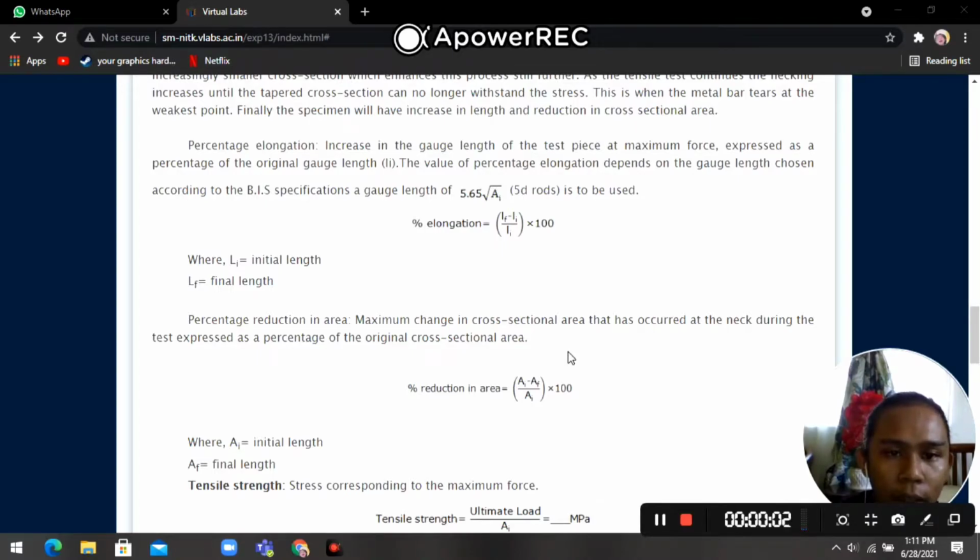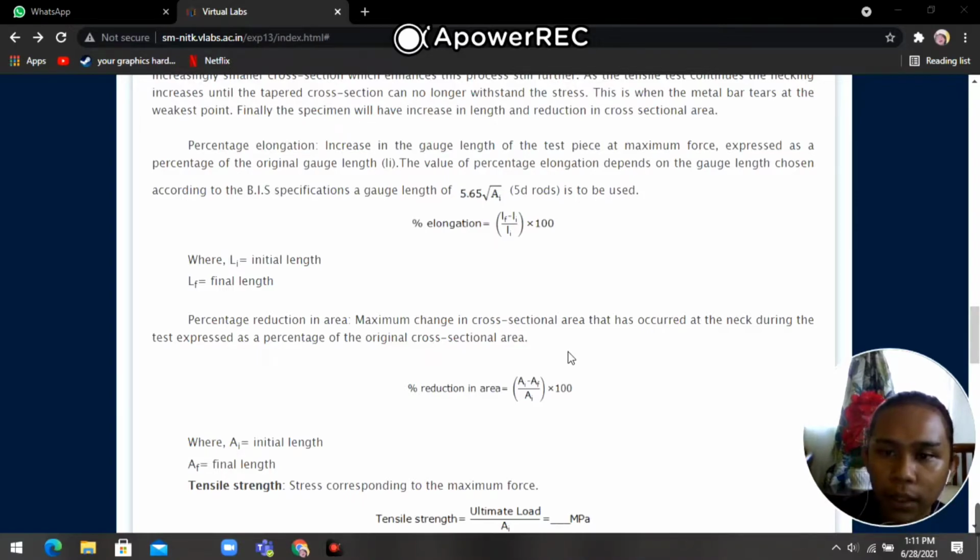Percentage elongation. The increase in the gauge length of the test piece at maximum force, expressed as a percentage of the original gauge length, Li. The value of percentage elongation depends on the gauge length chosen according to the BIS specification.